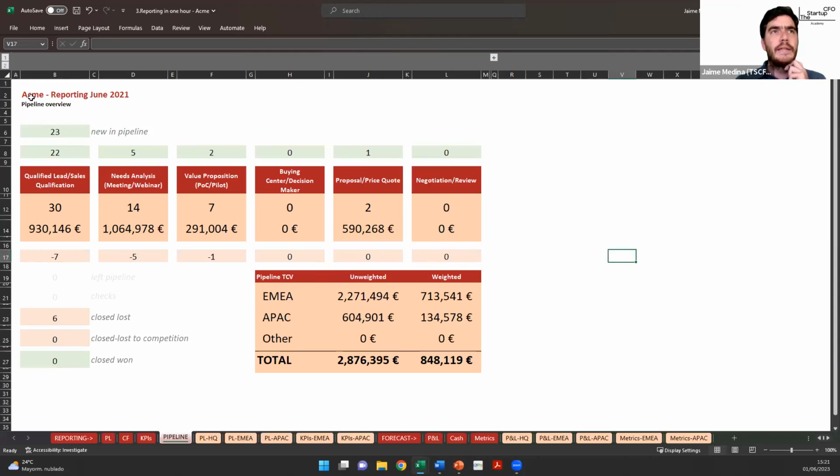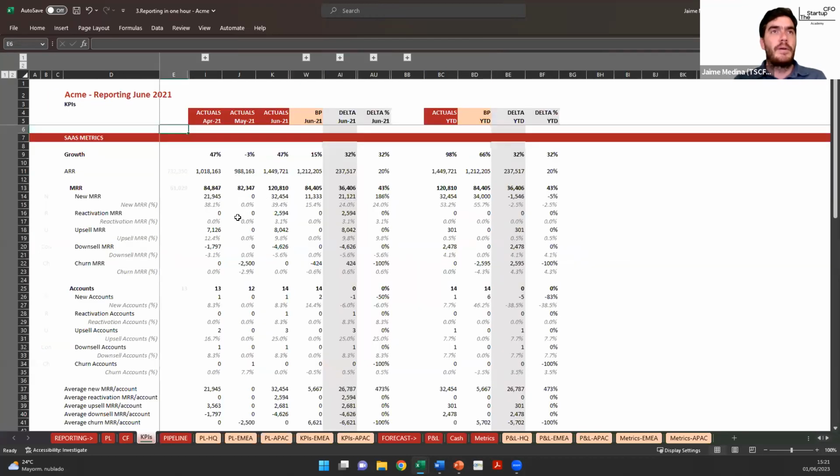So Acme has huge contracts of 100,000 euros each per year.